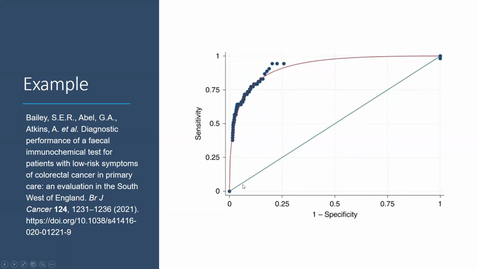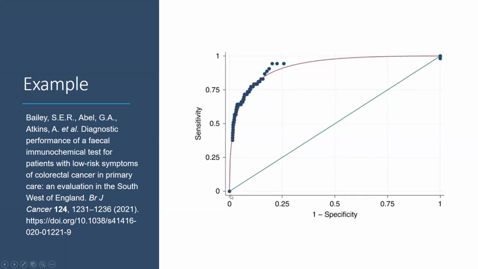Now, if the line is at unity, which is this green line here, which is just a 1-to-1 ratio, so 1 minus specificity of 0.25 and a sensitivity of 0.25, this suggests that the test is completely meaningless and does not distinguish your sick population from your healthy population.